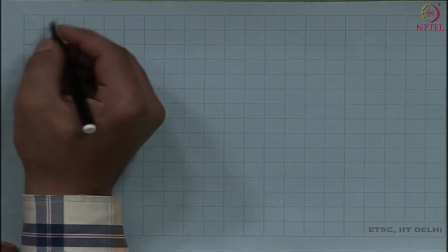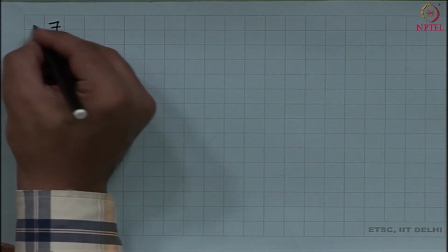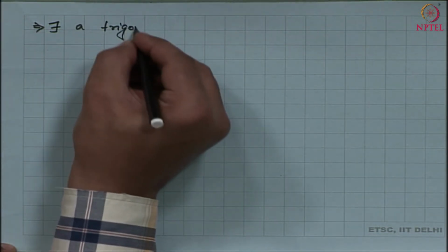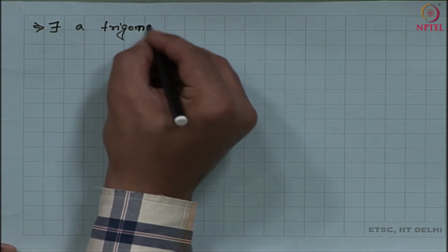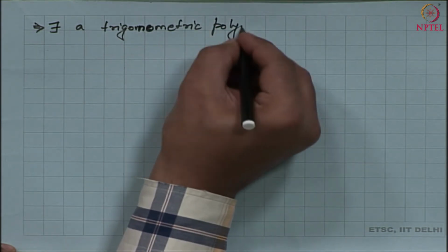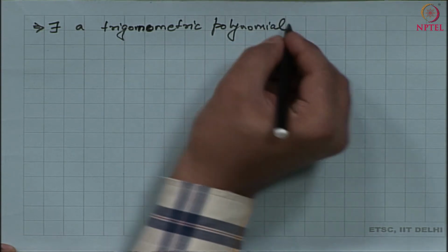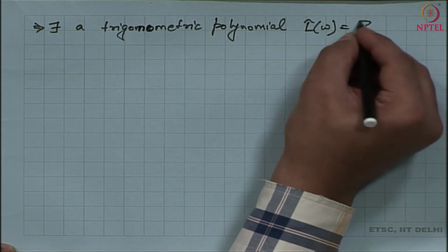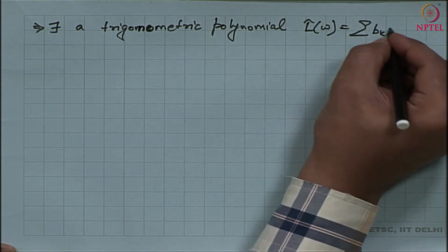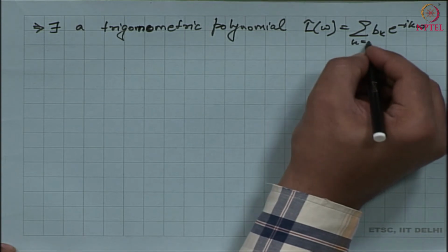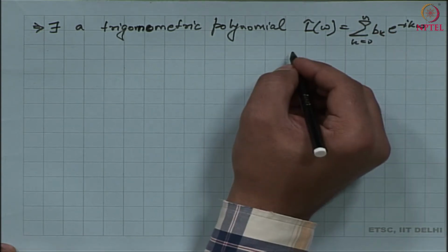the Riesz representation lemma tells that there exists a trigonometric polynomial L hat omega of the form summation b_k e to the power i k omega, k from 0 to n. Okay.